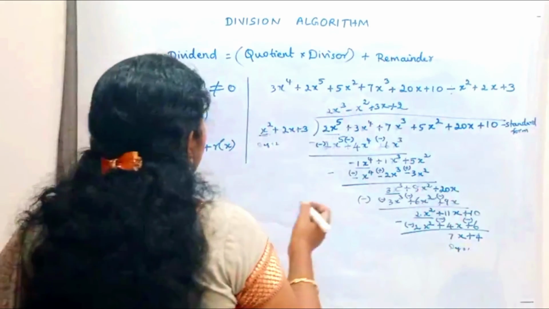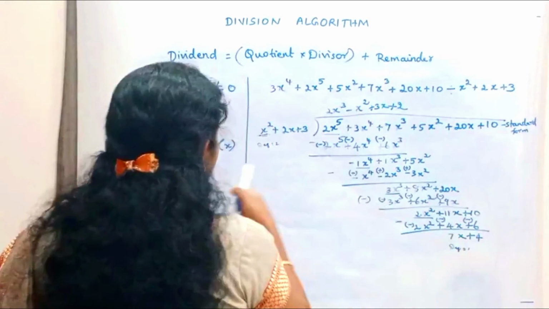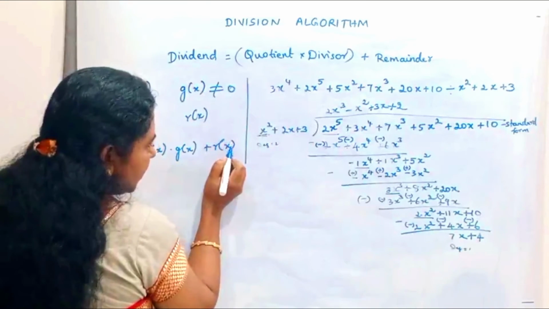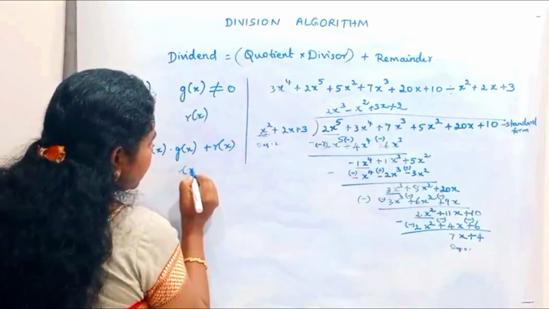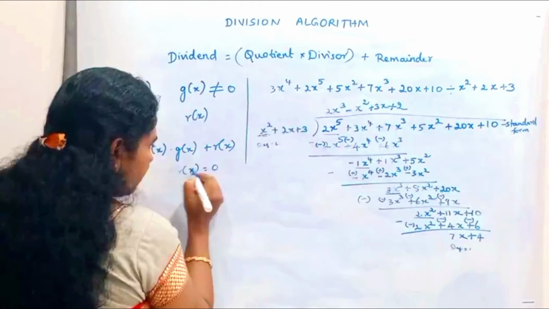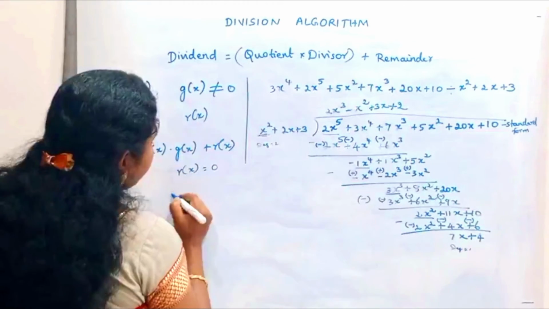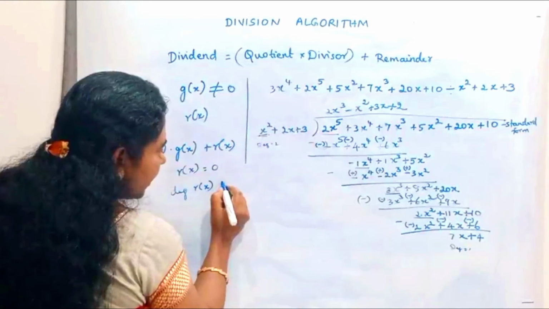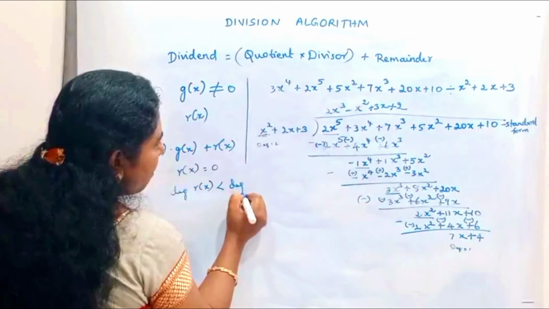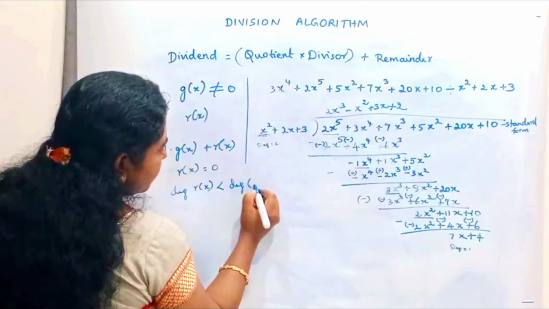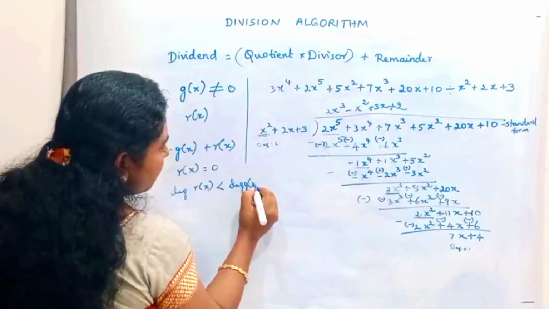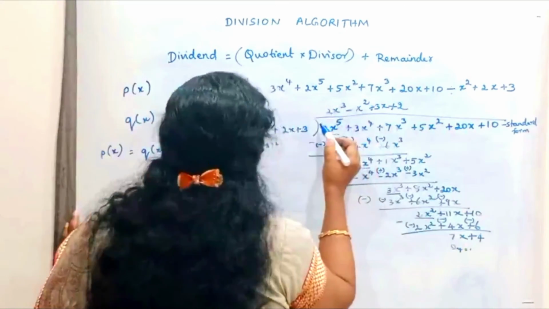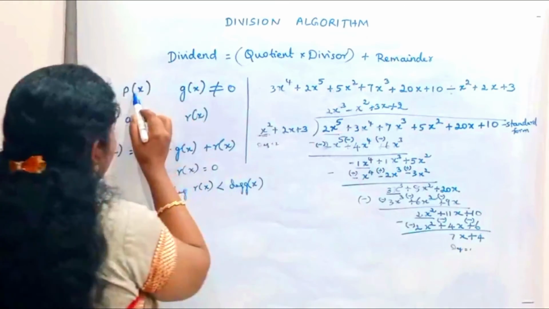Okay, now this can be added as a point here. That is, now here this r of x is the remainder. This r of x can be 0, or the degree of r of x should be less than the degree of the divisor, that is g of x. So now here this is the dividend, it is p of x.